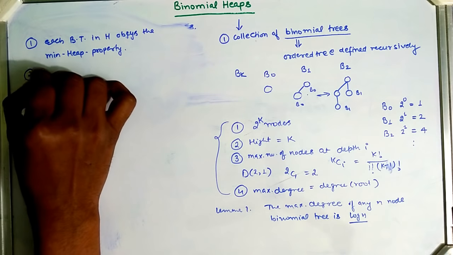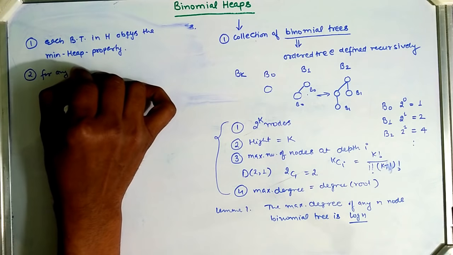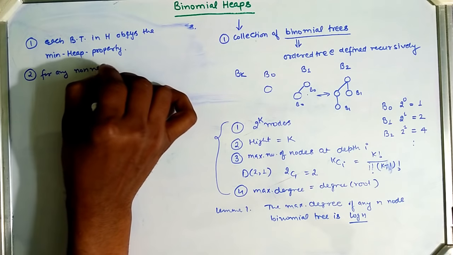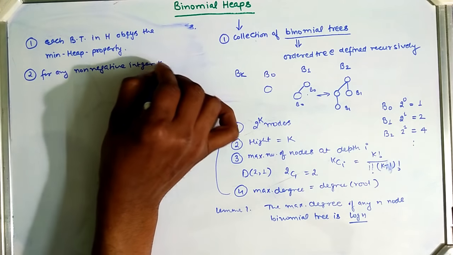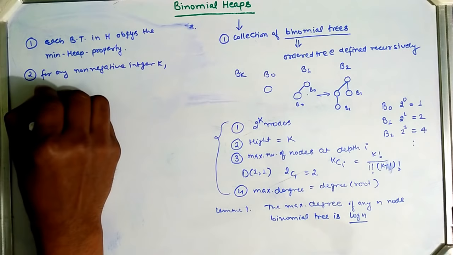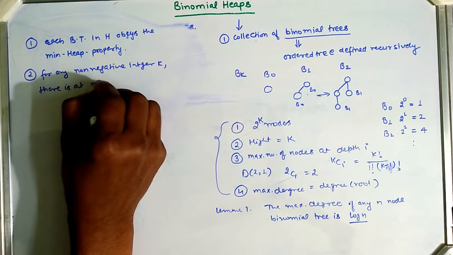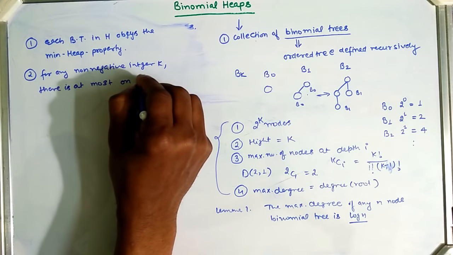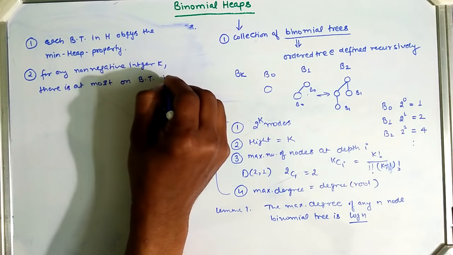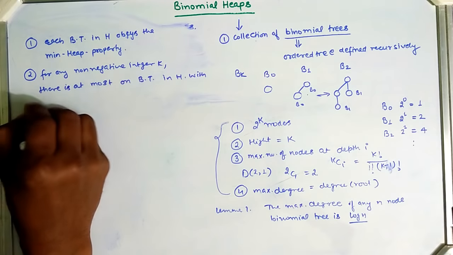Second is, for any non-negative integer k, there is at most one binomial tree in H with degree k.